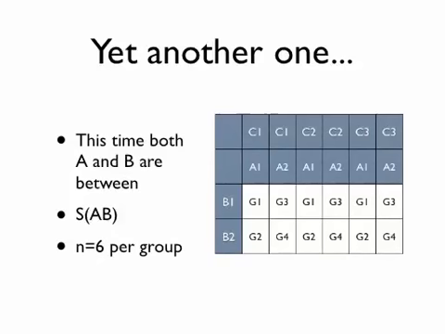We'll say there's 6 per group this time, just for the hell of it. Just mixing it up. And again, this is not a ridiculous kind of design. This is a very common type of design.